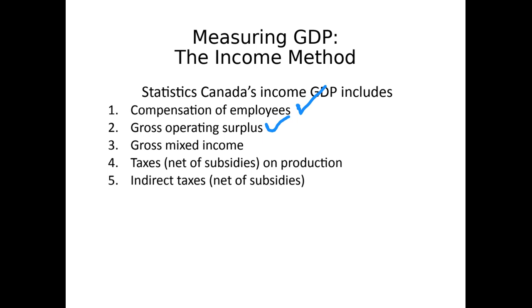Gross mixed income means that if you're doing your own work, you are not an employee. So I'm not talking about a firm or corporation. So if you are working on your own, then you are earning money that will not be considered as wage, right? So that will also be included in your GDP.